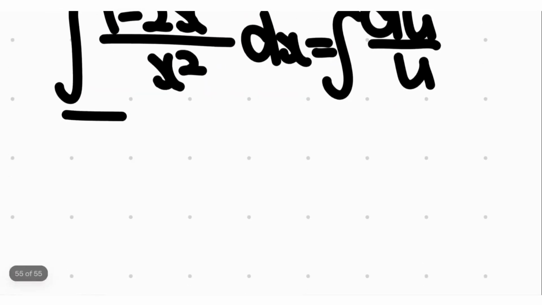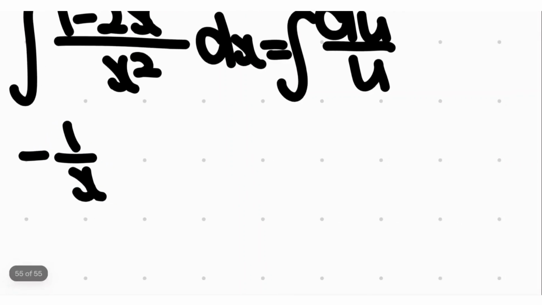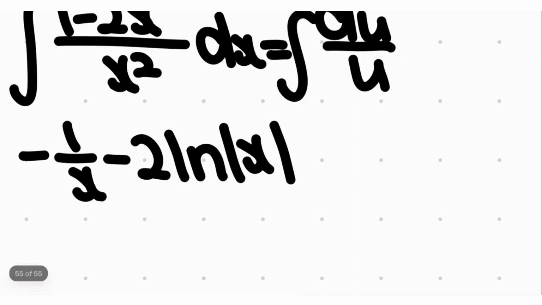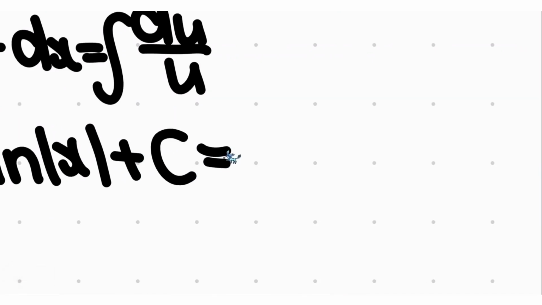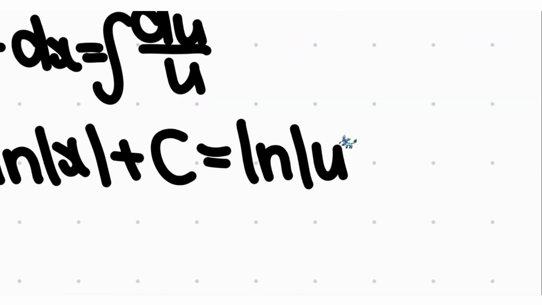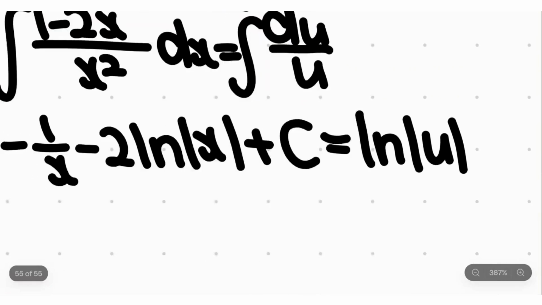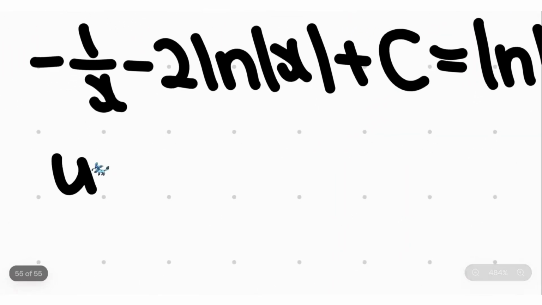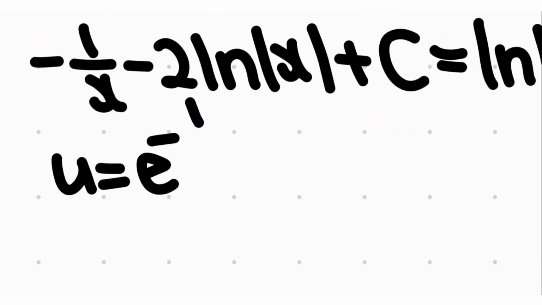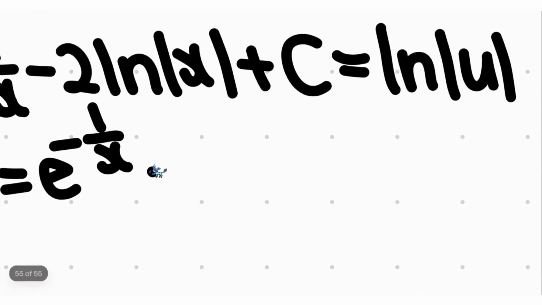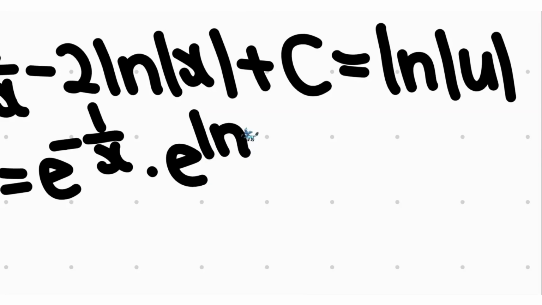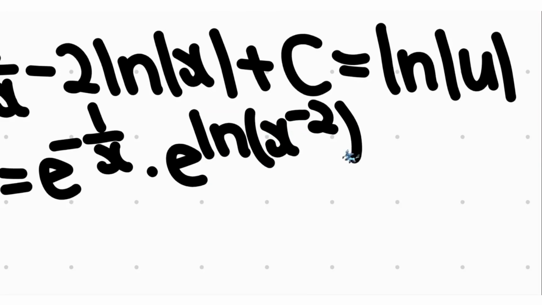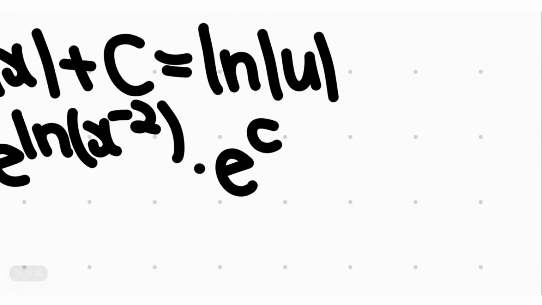And so what we'll get for this is negative 1 over x minus 2 times the natural log of absolute x plus an arbitrary constant c is equal to the natural log of the absolute value of u. So obviously to find u, we raise e to the power of this. So we'll just do u equals e to the negative 1 over x times e to the natural log of x to the negative 2 times e to the c.